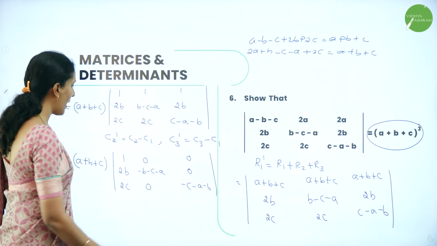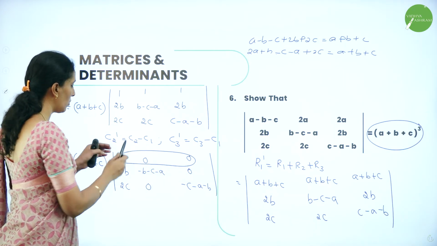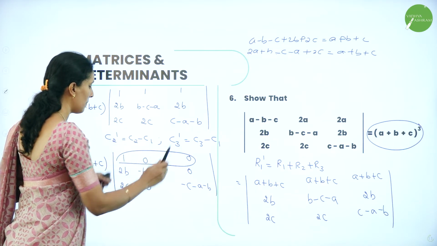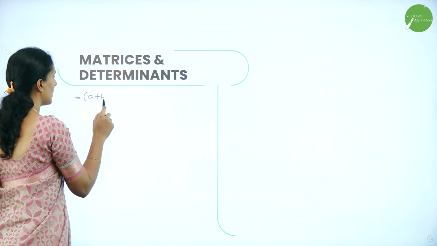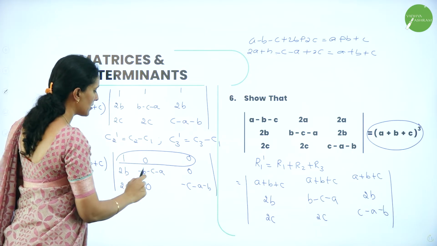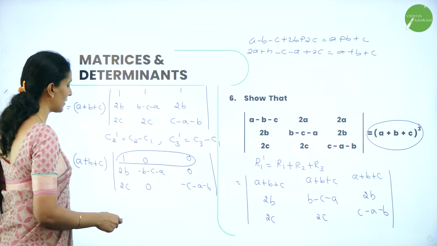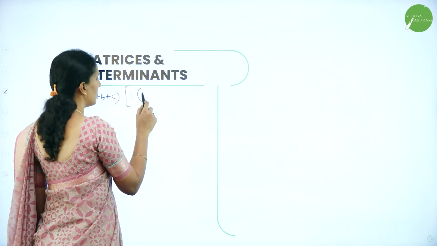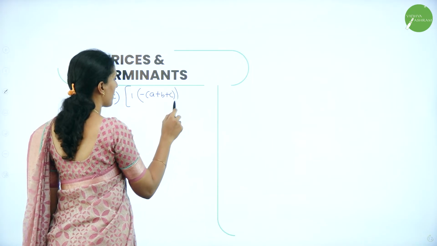Now we can expand the value of the determinant using the first row. We know the signs are plus, minus, plus. So we have A plus B plus C outside. Now 1 into the minor, where we have the factor minus 2 times, we can take minus as a common factor, so that is minus of A plus B plus C whole square.